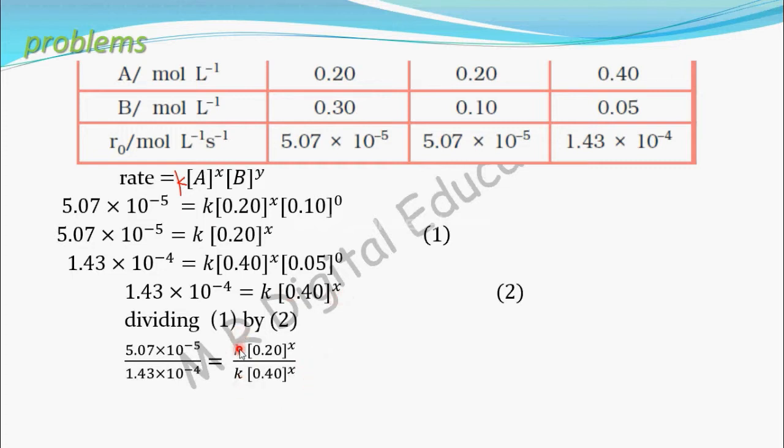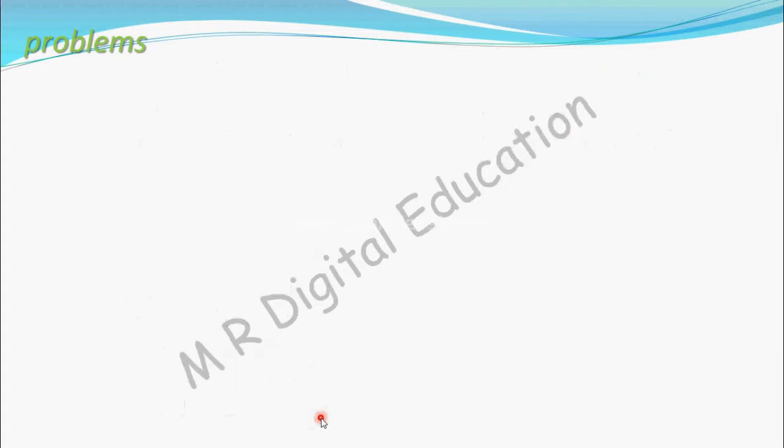See, k gets cancelled. Now when you divide these two, you will get 3.54545 into 10 to the power minus 1. Now take x common, because its power is also x and its power is also x. So take power x common, 0.2 by 0.4, and then simplify this one.